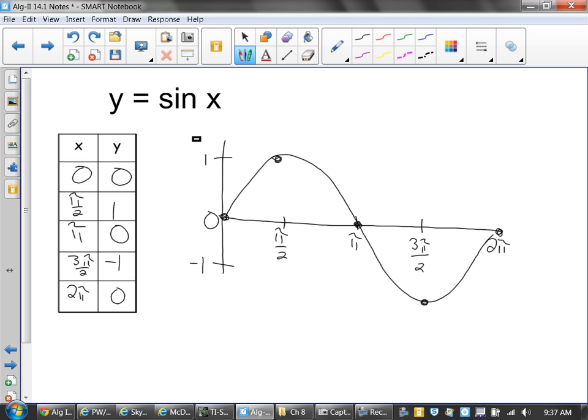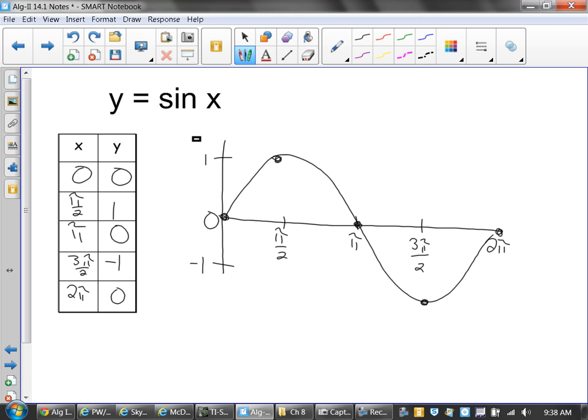Depending upon what your amplitude is and what your period might be, the sine curve can be stretched. It can be lengthened to go higher up, lower down. It can be compressed. It's all dependent upon those quick little values of A and B. It also works the same way with cosine. The cosine values of your unit circle are your x coordinates.